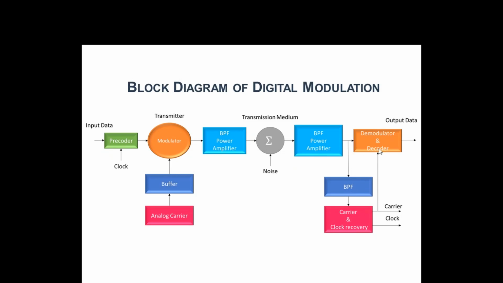Then it goes to a demodulator and a decoder circuit. In this demodulator, we are detecting our original signal back. This is the important structure of a digital modulation scheme.